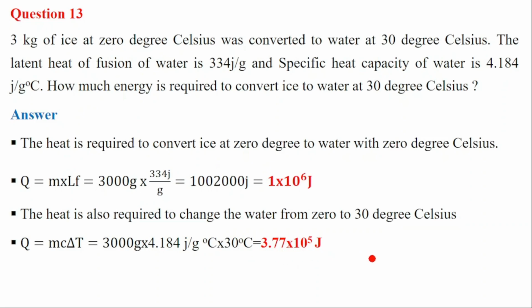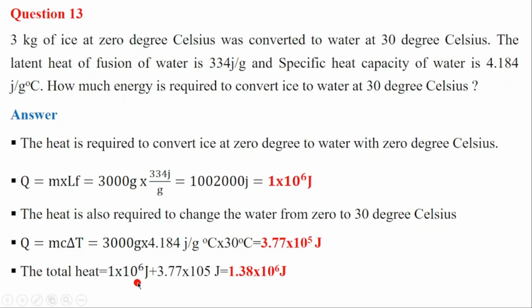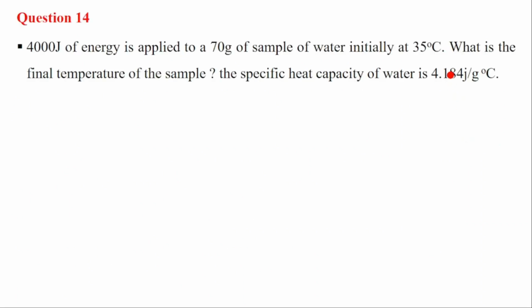Then for the total heat, we add the heat from the latent heat of fusion, the heat required to change the phase, plus the heat required to increase the temperature. Then we have 1.38 times 10 power 6 joule as the total heat required to change 3 kg of ice at 0 degrees Celsius to water at 30 degrees Celsius.